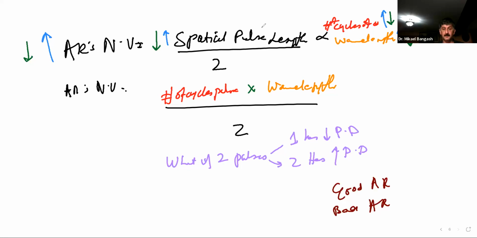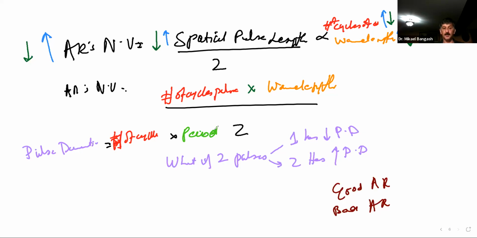Now just look here, girls, because what was your pulse duration? Your pulse duration is, again, the product of two things as well: the number of cycles per pulse, multiplied by the period. That will give us the pulse duration.